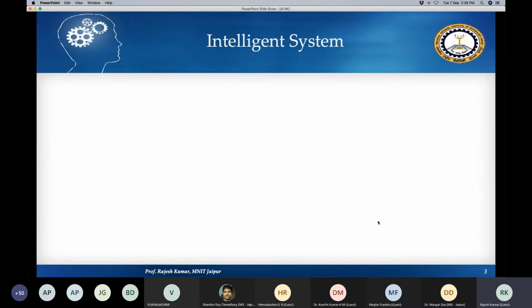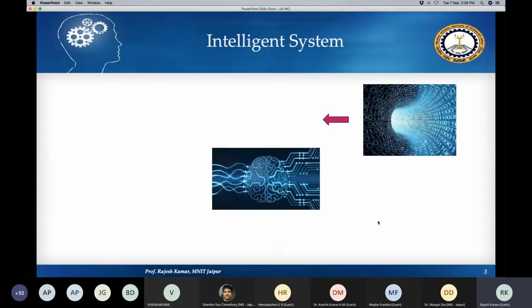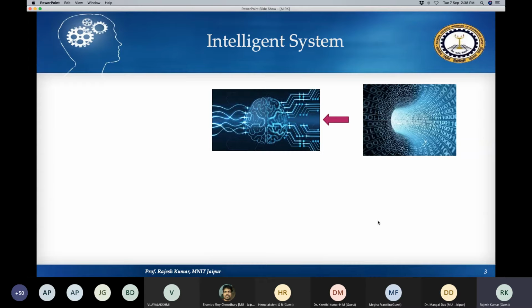Once we have this data, it is huge in number. When we are taking this data, there are noises. There may be some meaningful data, some unwanted signals, and all that.